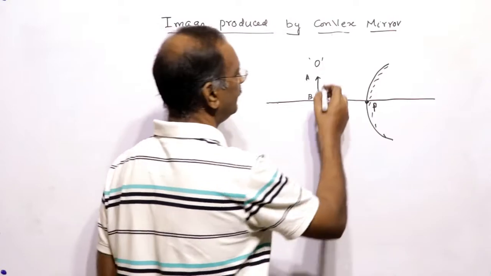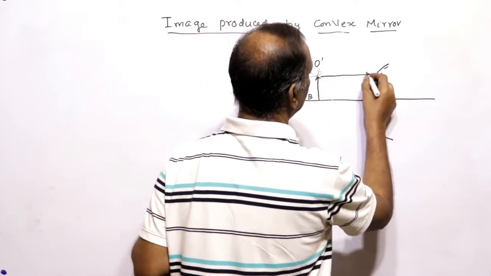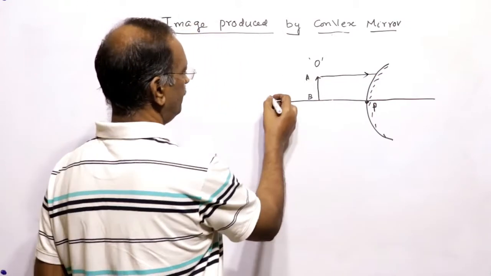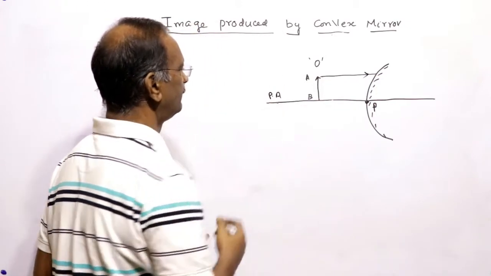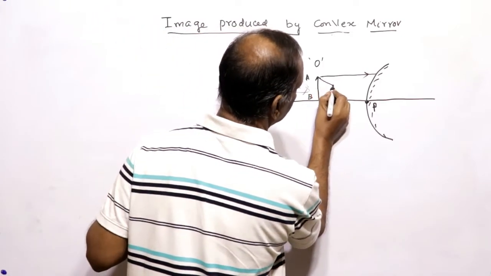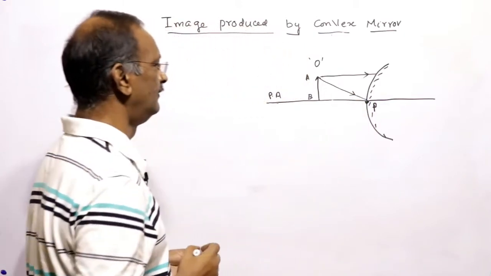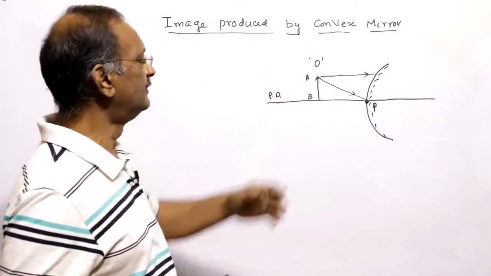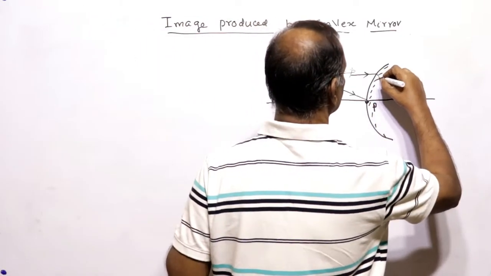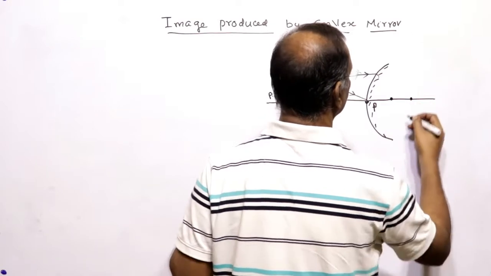So we take a ray which is parallel to the principal axis. This is the principal axis. We take one more ray which is directed toward the pole of the convex mirror, coming from the object. This is the focus, this is the center of curvature.